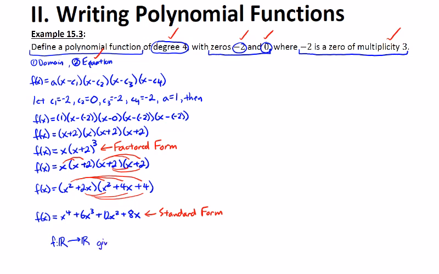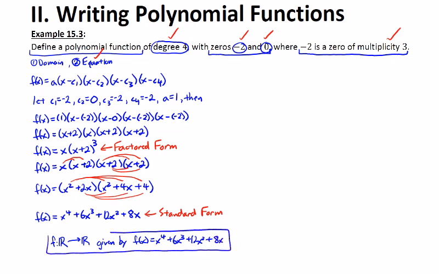This is given by the equation f of x equals x to the 4 plus 6x cubed plus 12x squared plus 8x. We'll box that in as our final answer, as it is the polynomial function of degree 4 with zeros -2 and 0, where -2 has a multiplicity of 3.